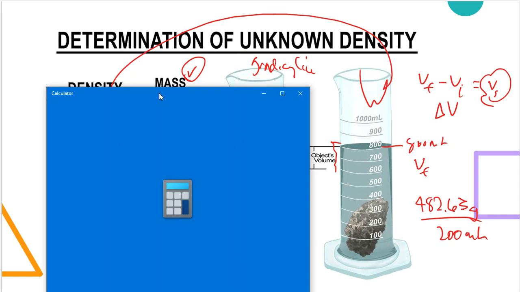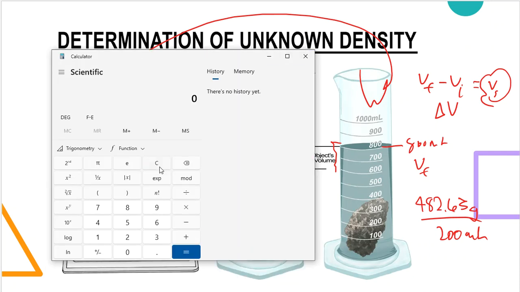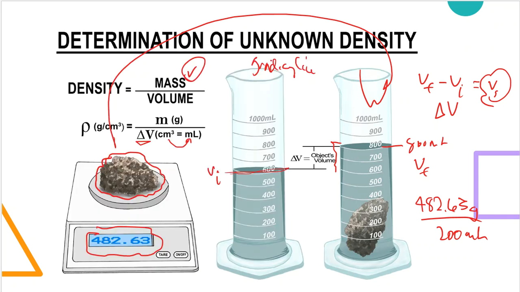Look at how fancy this is. I paid so much money for this calculator that will never load. I'm going to take 482.63 divided by 200, and I'm going to get 2.41 as an answer. So 2.41 grams per mil is the value of the density in this example problem. So 2.41 gram per milliliter. Now, teacher, count my answer correct because I just did some math.